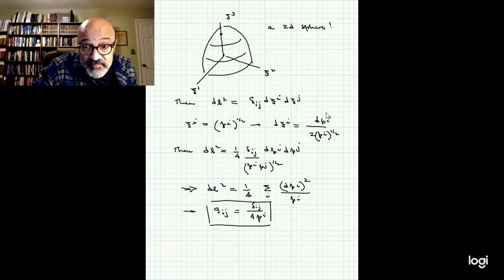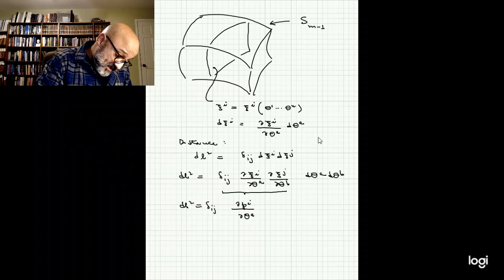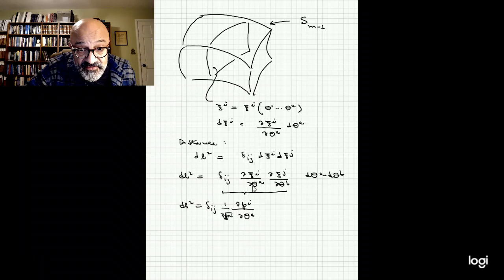Here I have the dp, and then there is a 1/2 square root of p. So this is going to be 1/2 square root of p. So that's the first piece.